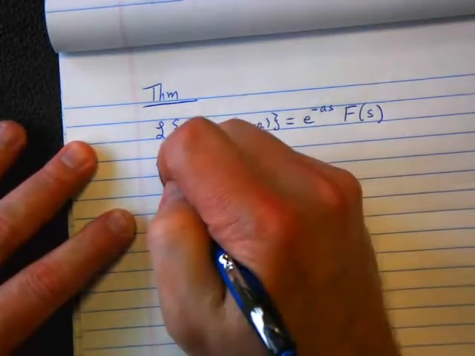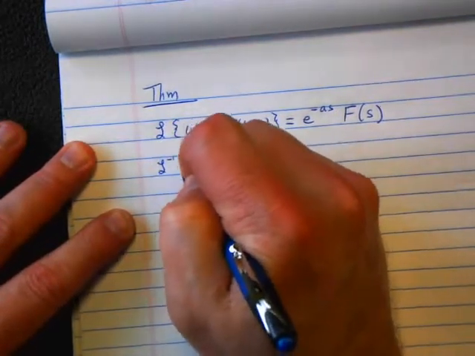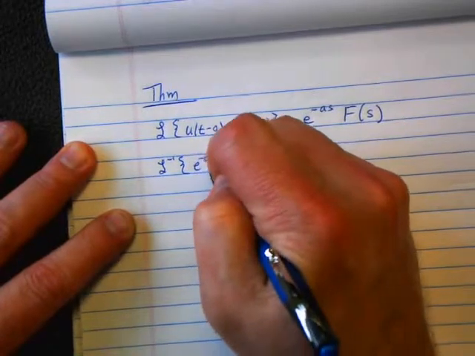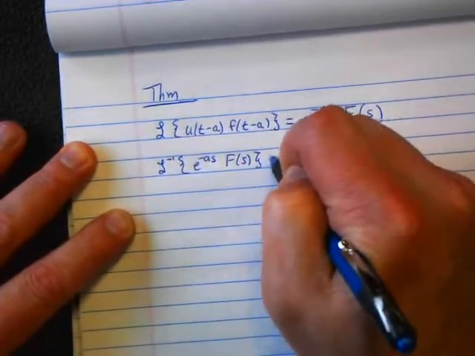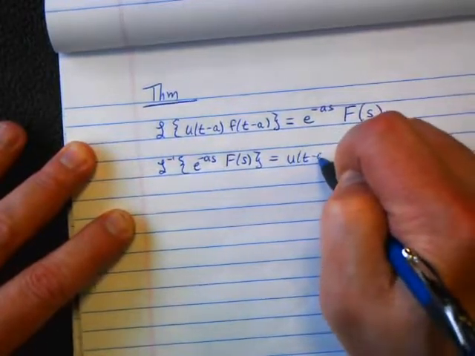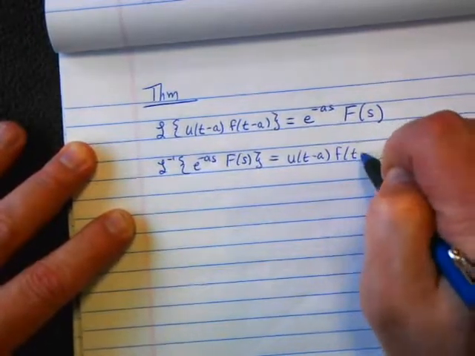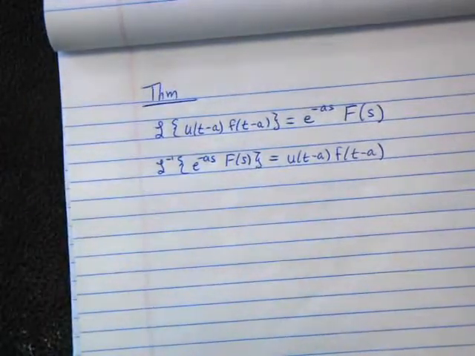Or conversely, the inverse Laplace transform of e to the negative as capital F of s is u of t minus a times little f of t minus a.